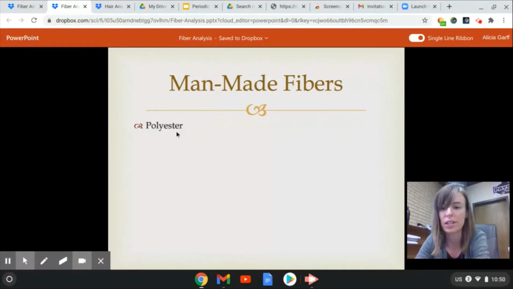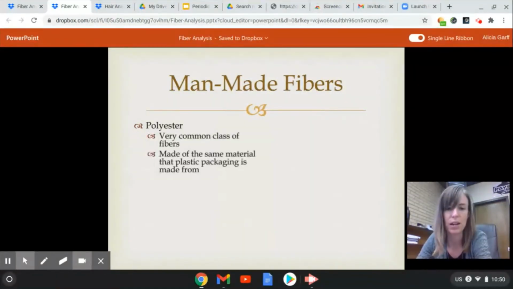An ester is a group of atoms that there are a lot of in polyesters. And it's very, very common. It's actually the same stuff that a lot of plastic is made out of. So it's really interesting to think that we can use this compound to make both clothing and plastic packaging.